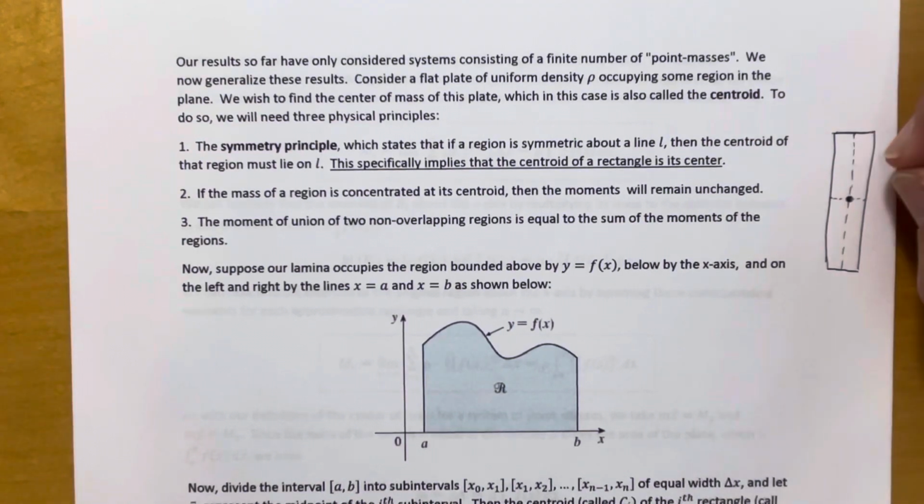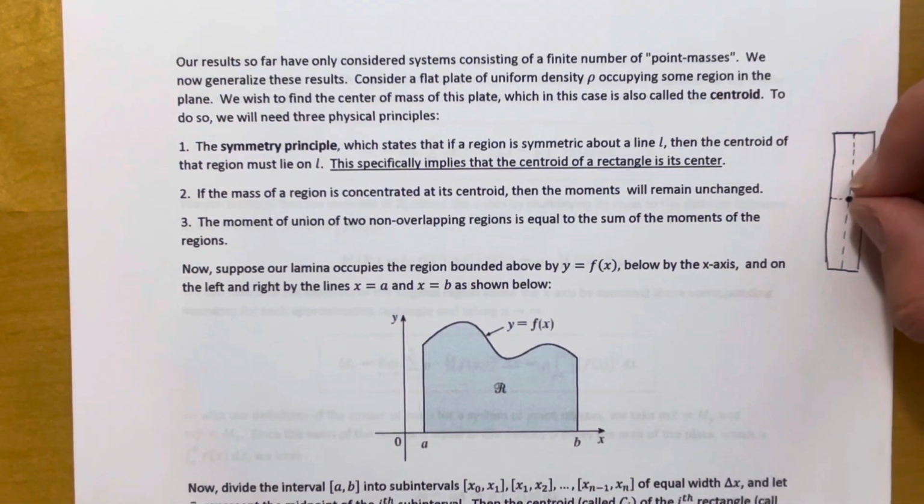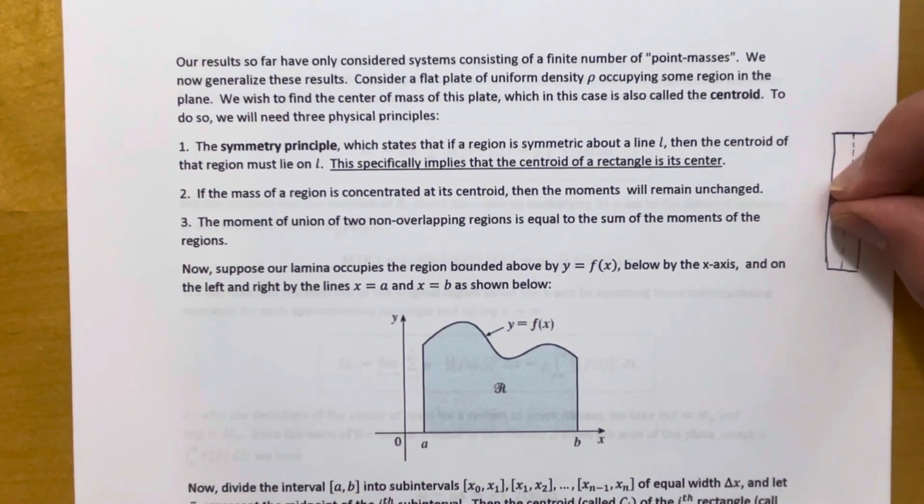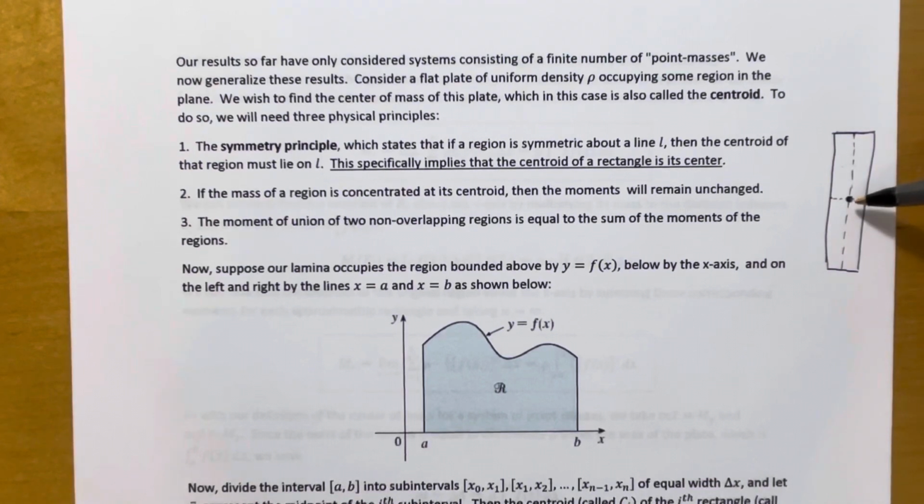What we're doing is thinking of shrinking the mass down to a point, so that this centroid has all of the mass of this rectangle in just that single point. The moment of this rectangle is not going to move by reconcentrating the mass there. The moment of this rectangle will remain where it is, okay?